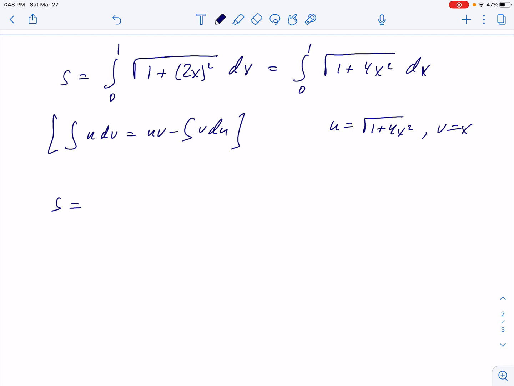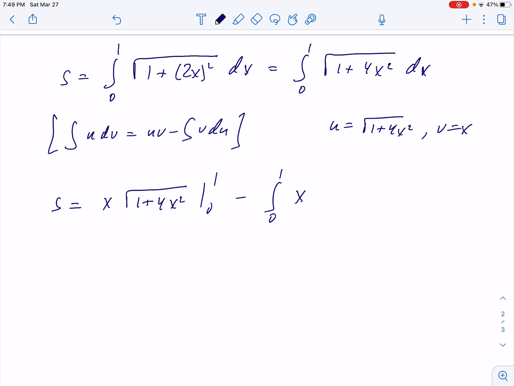Applying the formula, we have the product uv, and I shall put v first, x first, square root of 1 plus 4x squared between 0 and 1, minus the integral from 0 to 1 of v du. So I have to put here x and the derivative of u. What will be the derivative?